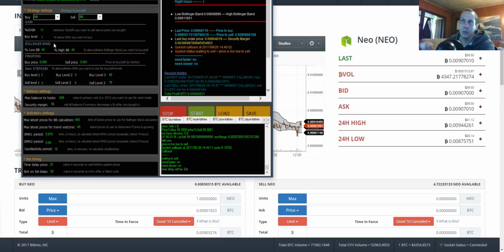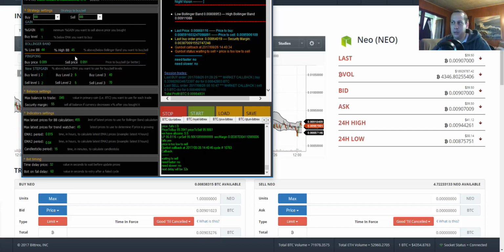Your percentage gain is how much above the price where you bought it. So the bot will not sell at a loss. It will always sell at the percentage above where it bought, depending on where you specify and depending on where your high band is.